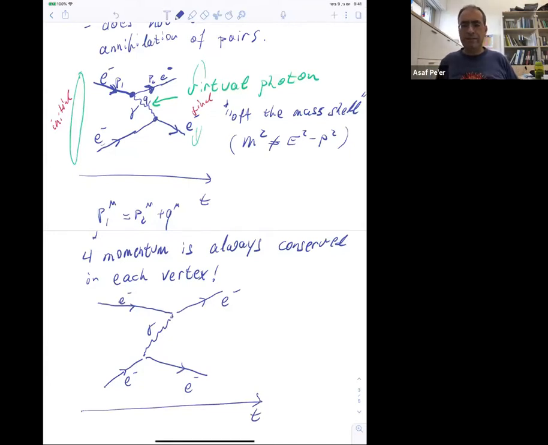So in fact, when we calculate the probability of the interaction and the outcome of the interaction, we have to sum over all these possibilities. And you see the difference is that here it was the upper electron that emitted the photon, and then this photon later on interacted with the lower electron, and here it's the lower electron that first emitted the photon.